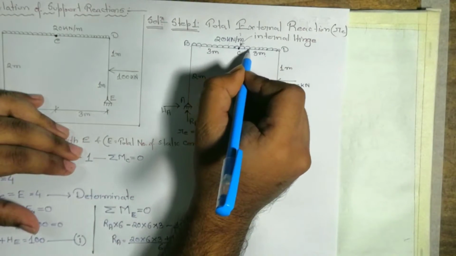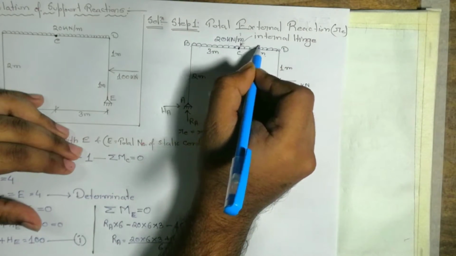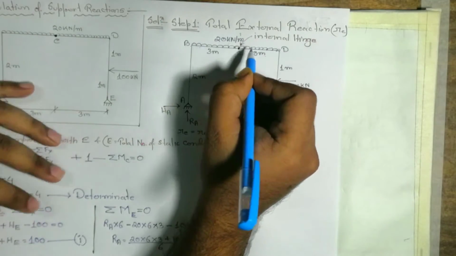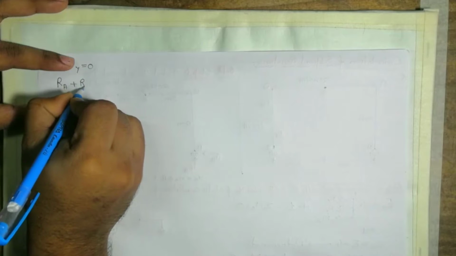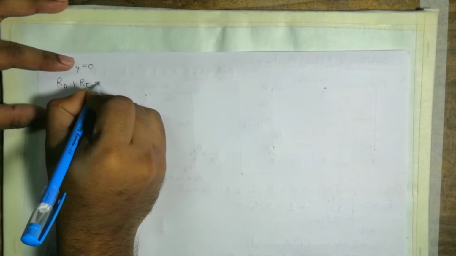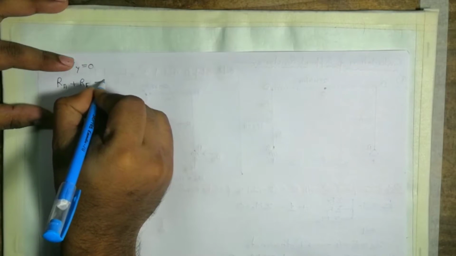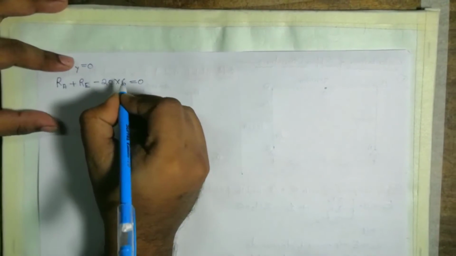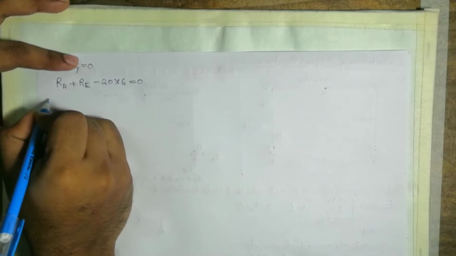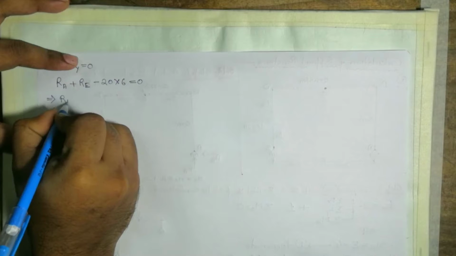Similarly, we are going to convert this uniformly distributed load into a point load. So we will write: RA plus RE minus 20 into 6 is equal to 0. Now from the previous equation we have obtained RA.